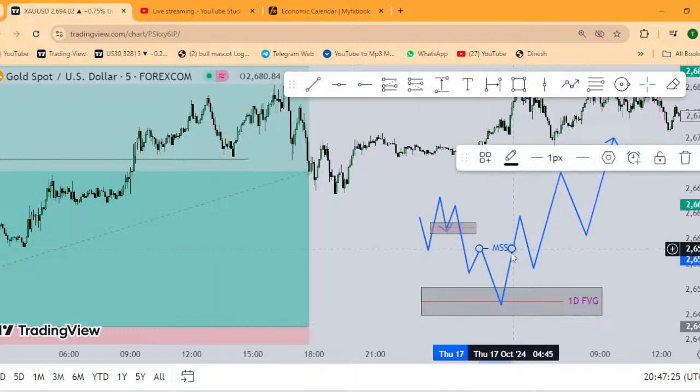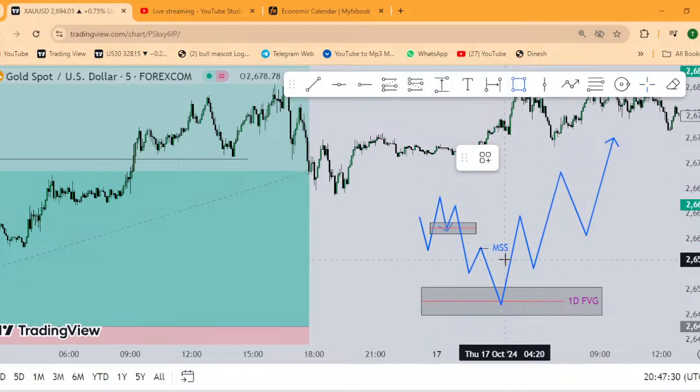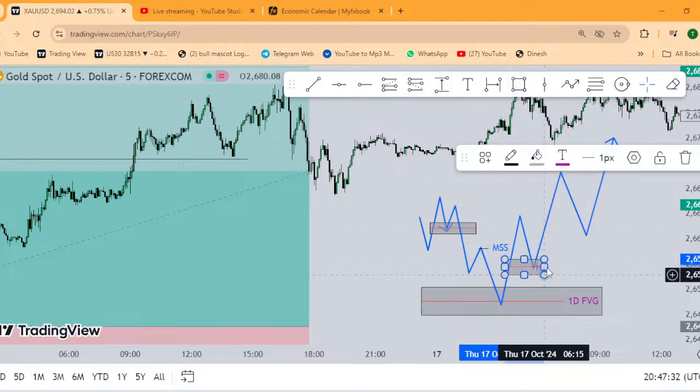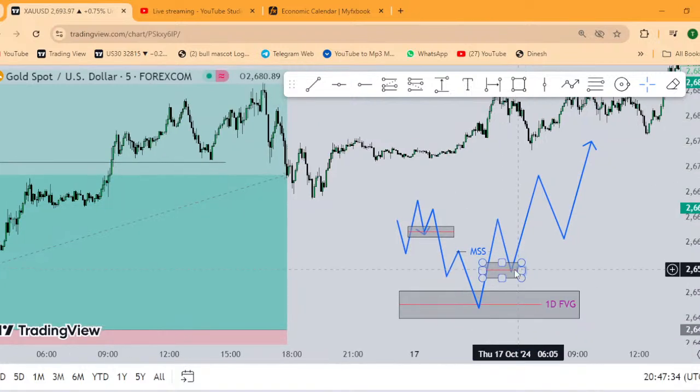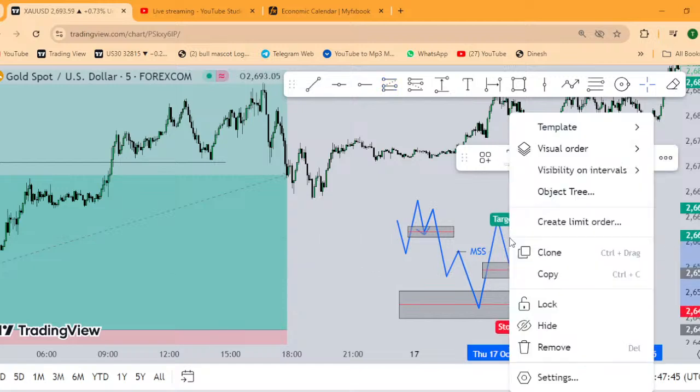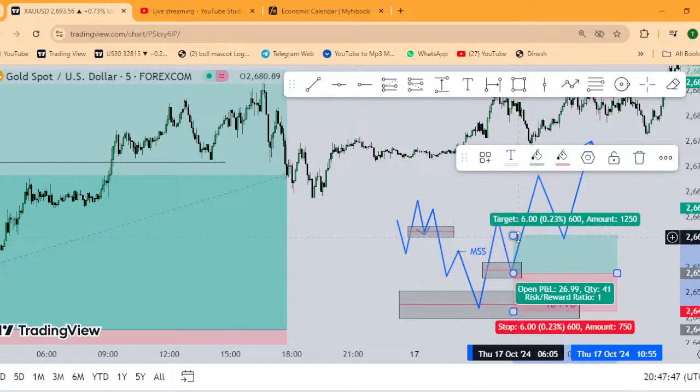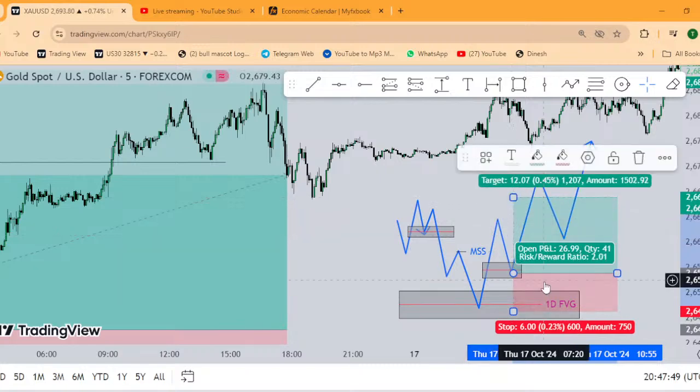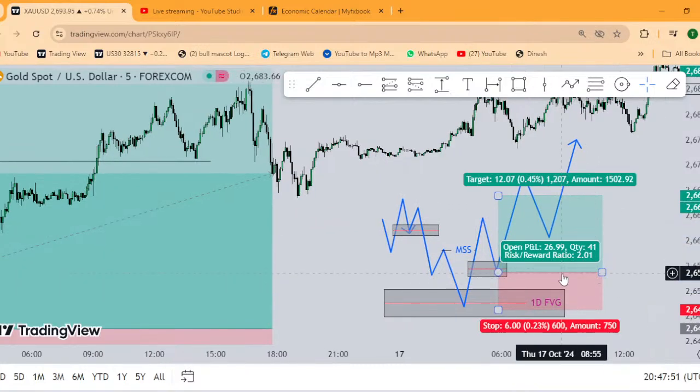Then after that, we want to come back down here and mitigate the fair value gap. Then you can decide to go to the 5-minute chart for a refined entry inside this strong zone. Then you hold your trade to your buy side or sell side liquidity respectively in a decent protocol. So price holds on targeting up here.